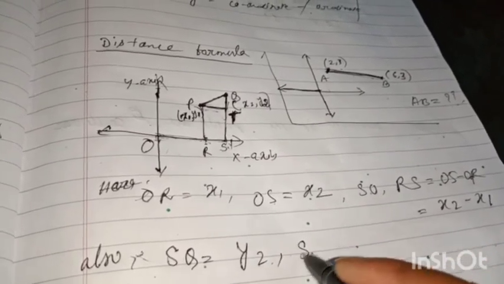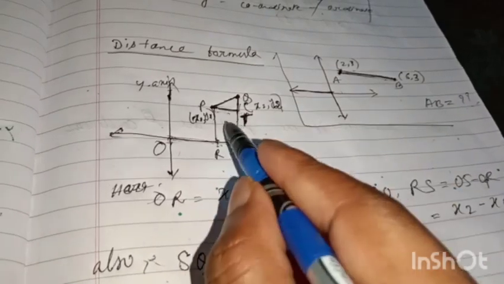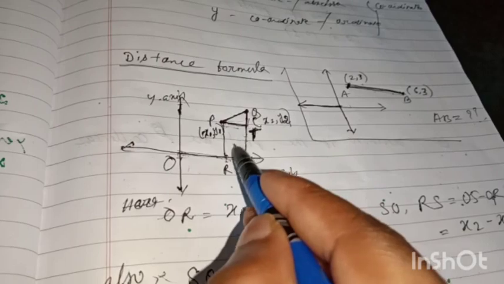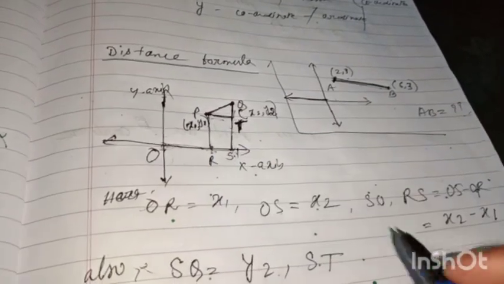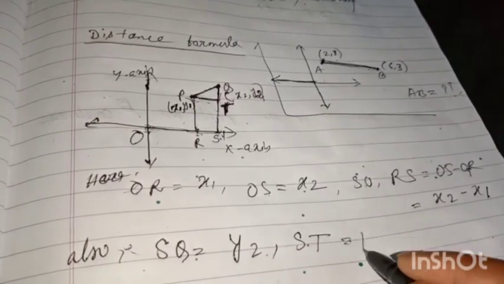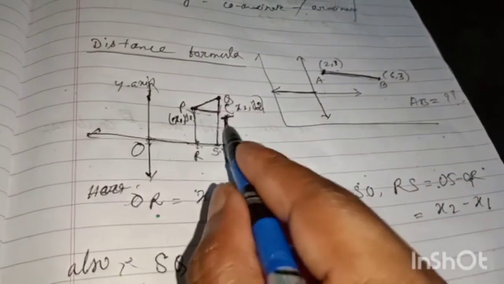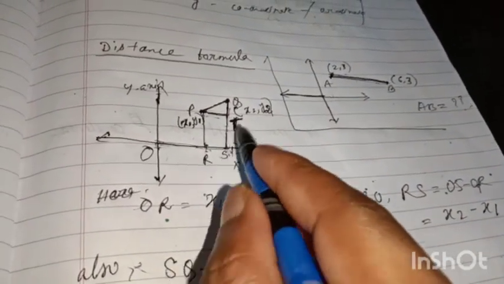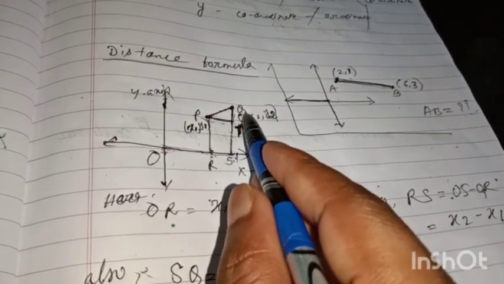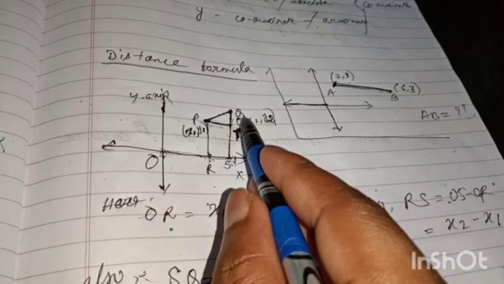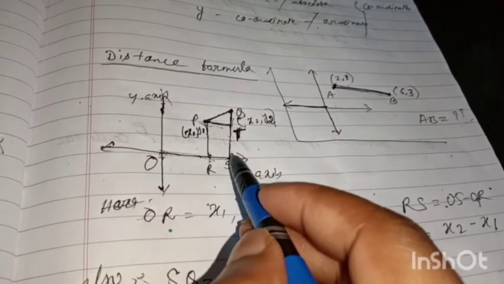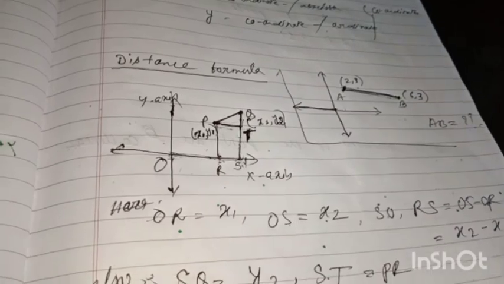Then ST, see, after drawing this perpendicular, it becomes a rectangle. So opposite sides are equal. So ST is equal to what? PR. Don't forget, it becomes a rectangle. So ST is also equal to PR.